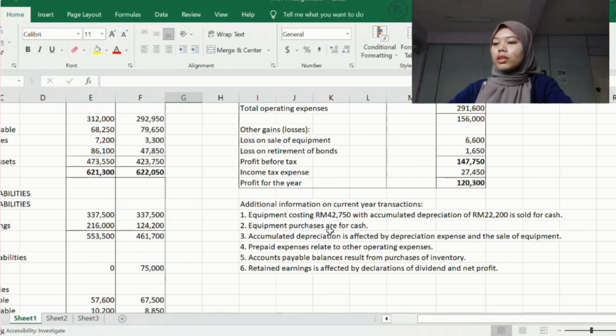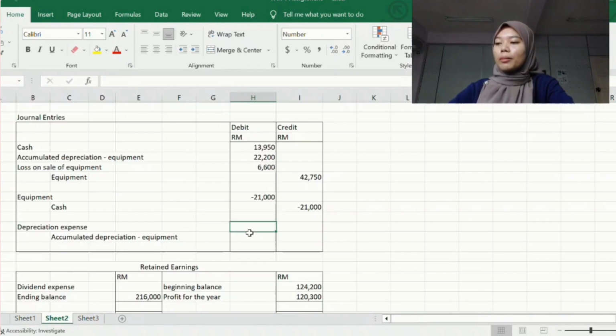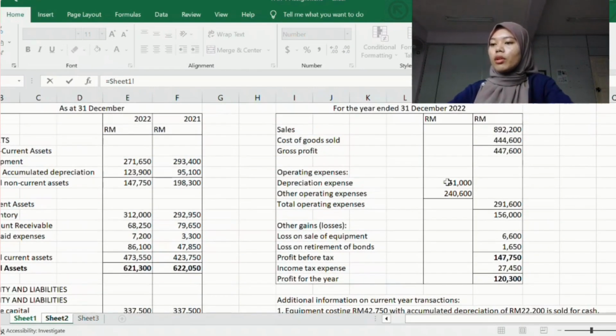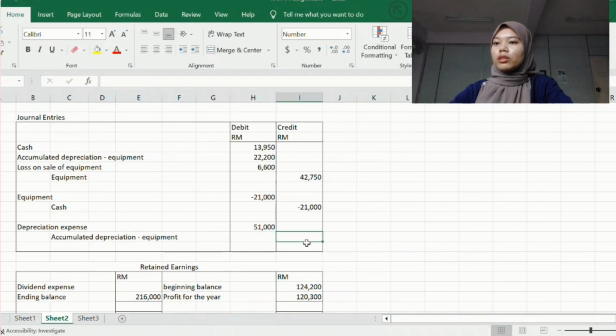Next one, accumulated depreciation is affected by depreciation expense and the sale of equipment. We already debit the accumulated depreciation from the sale of equipment, so we need to credit the accumulated depreciation for the depreciation expense, which we got from the statement of profit or loss.